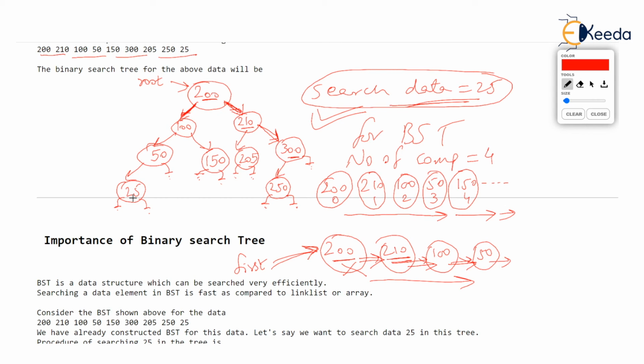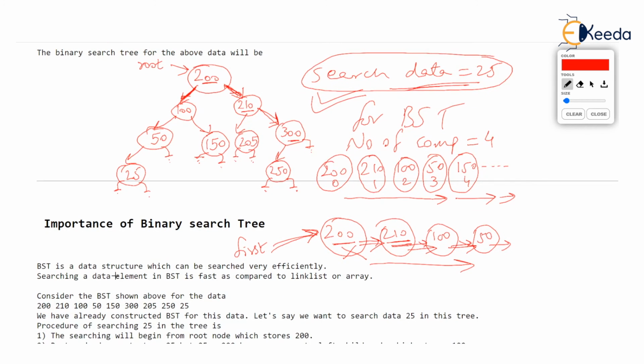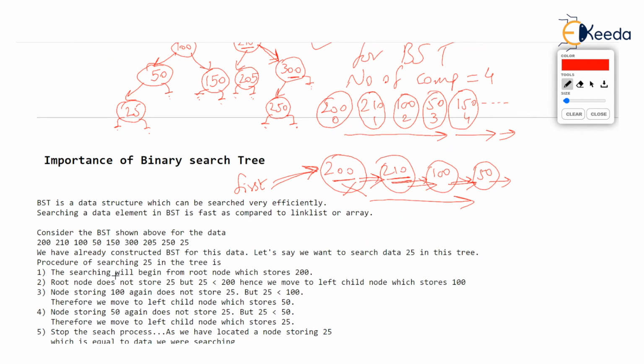So that's what I have written. I'll just read out the statements written here. Suppose we have already constructed a binary search tree for this data, and we want to search 25 in the tree. Then the procedure for searching 25 in the above tree will be as follows.